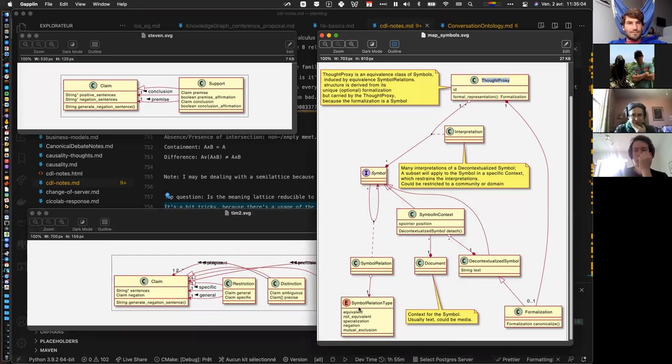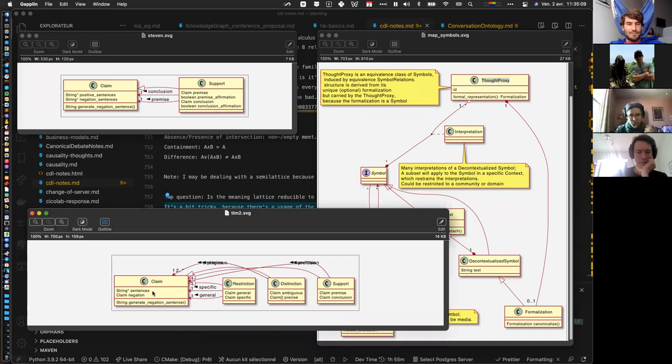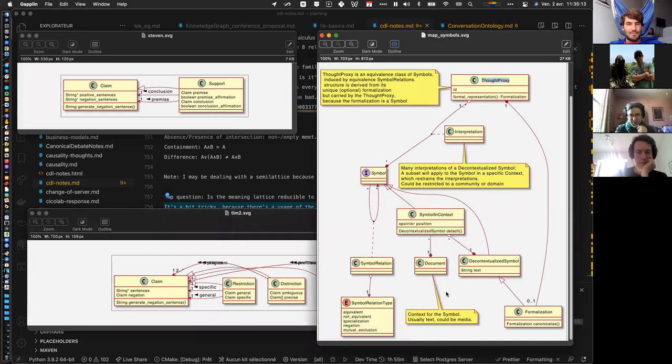But the symbol relation almost always attaches to the claims. But then it's a bit different, because we need to have this thing that says, well, those two symbols are equivalent. They form a claim. So that's a bit of the synonymy is a bit of a different thing. Is a bit distinct.